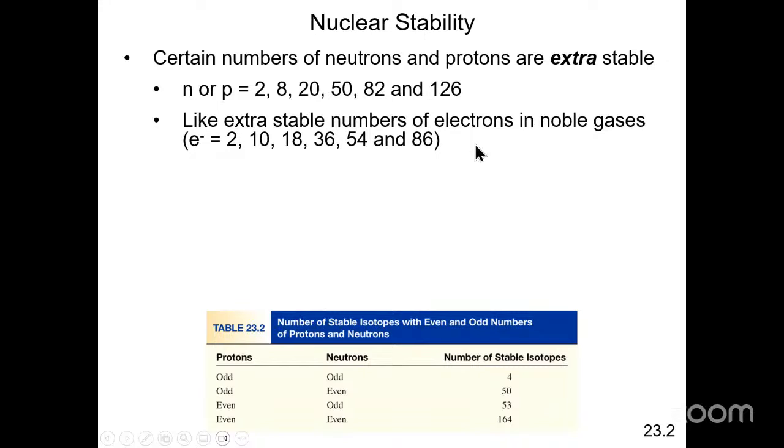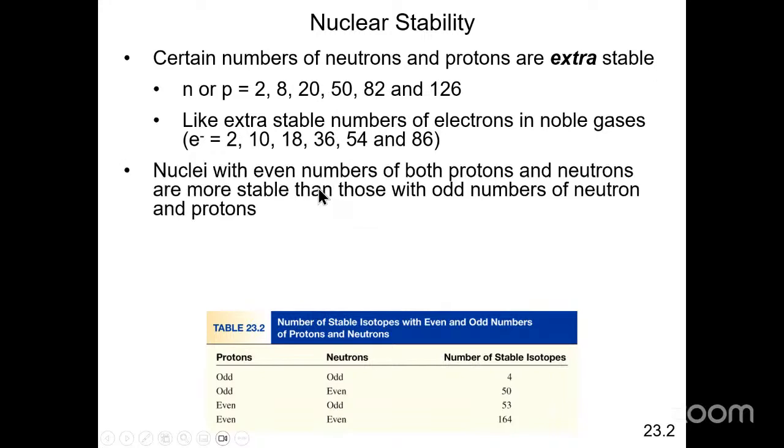Just as we know that elements that contain these numbers of electrons are stable, it seems that when it comes to the number of protons and neutrons, these numbers confer some stability to the nucleus. To be perfectly honest, I don't think the reason for the stability has been fully understood yet, at least as of the last time I checked. Things may have changed since then.